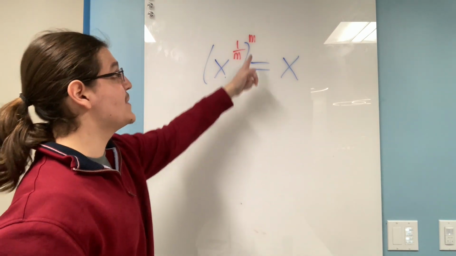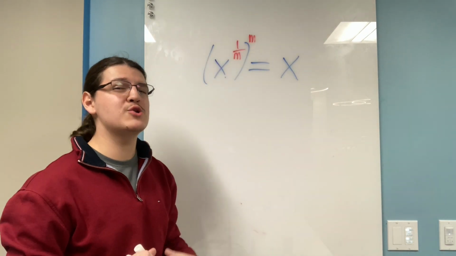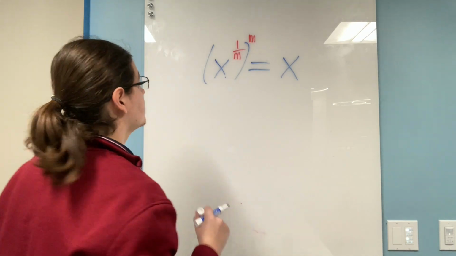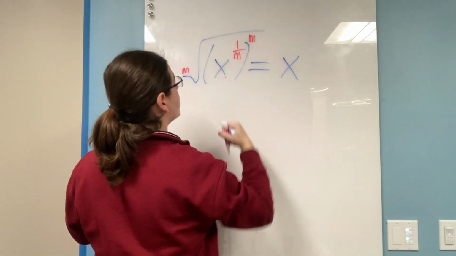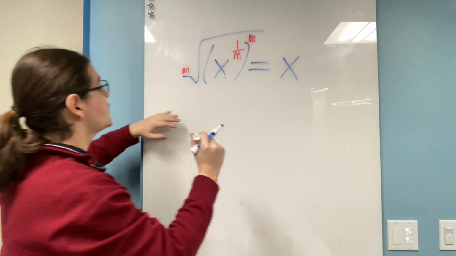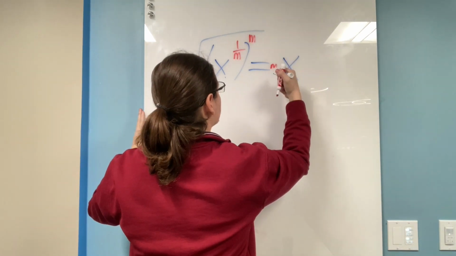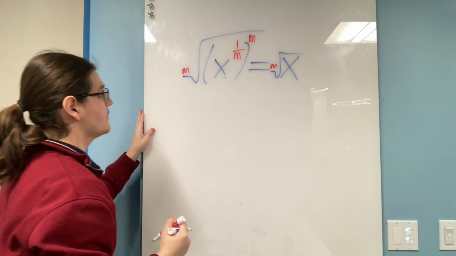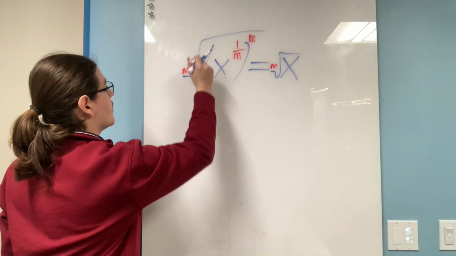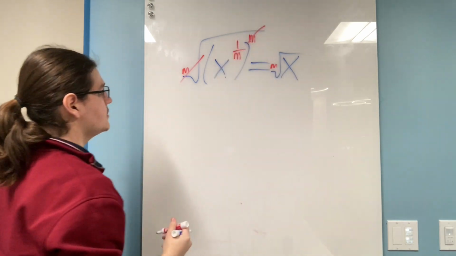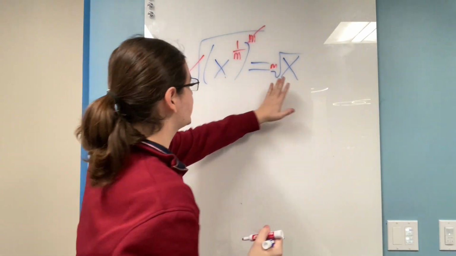So here, because it's m, we are going to take the mth root of this, as well as the mth root of x. So the mth root and the mth power cancel, and then x is just on its own.